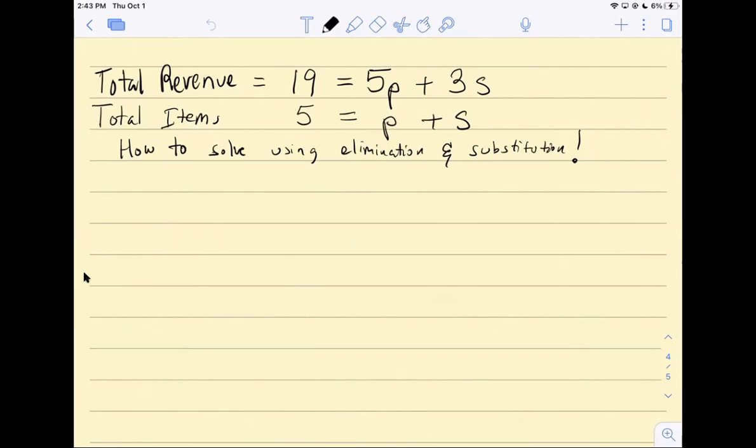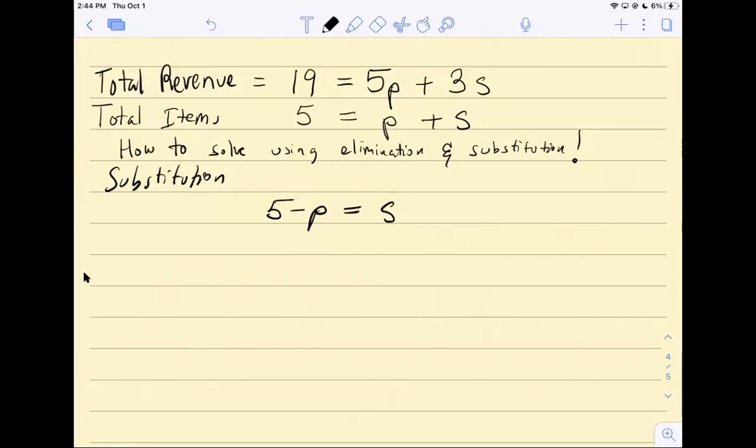I'm just going to write. So which approach are you using here? I think a substitution. You're right. Perfect. So let's do this as a substitution approach. And you subtracted P from both sides, and you got 5 minus P equals S? Yes. Excellent.